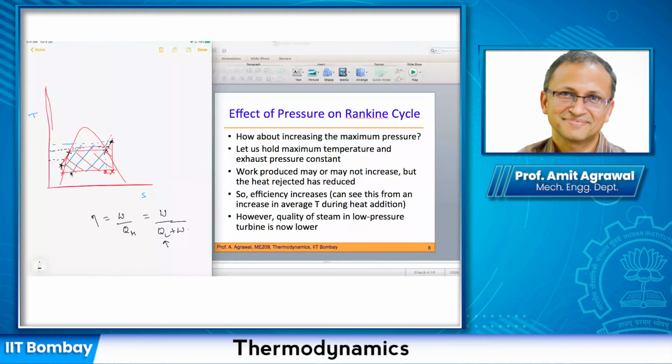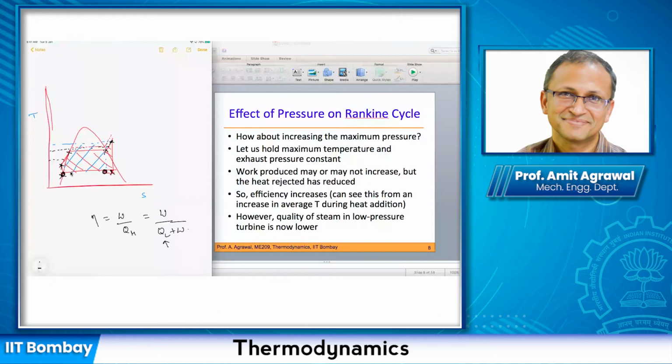Okay, and we are saying that if you go from this cross to here, you have one QL, versus if you go from here to here, you have a different QL. And of course, for the circle, the QL is lower and therefore the efficiency is larger, because the work done is approximately the same in the two cases. That's the argument that we are making.